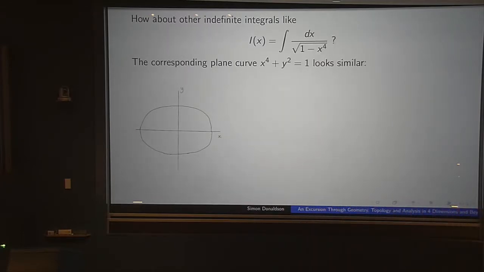Maybe there's some cunning substitution or trick which can write this in terms of standard elementary functions. If we draw the corresponding curve in the plane, so it's now given by the equation x to the 4th plus y squared is 1, we get a similar picture. The circle has got a bit squashed and distorted, but nothing looks radically different.